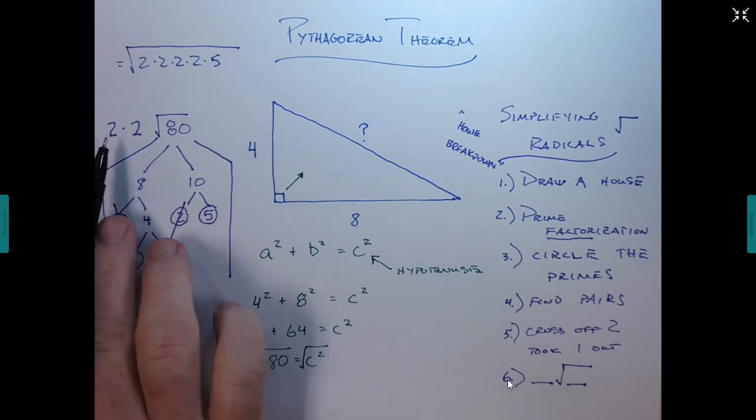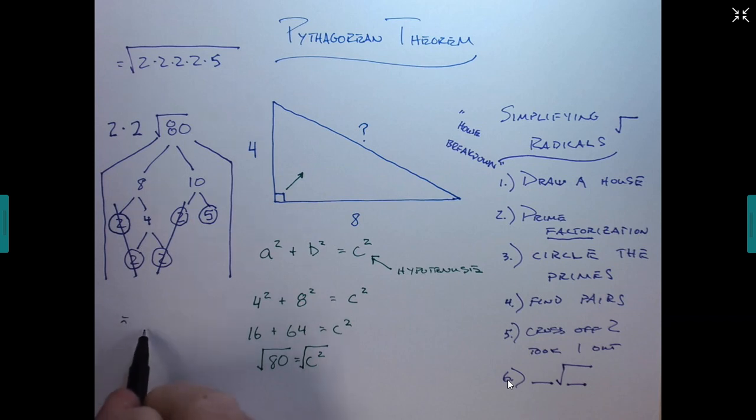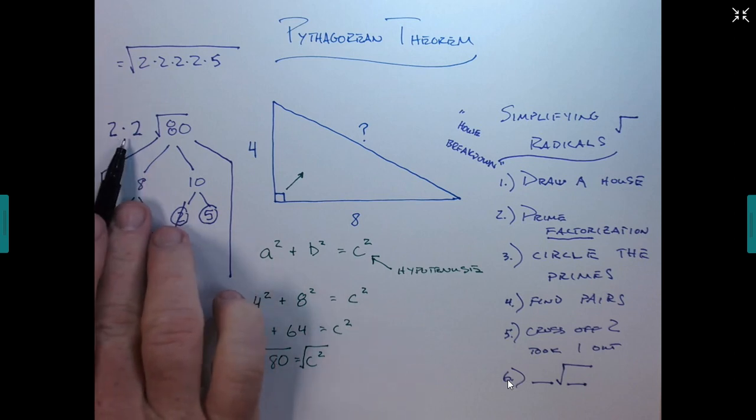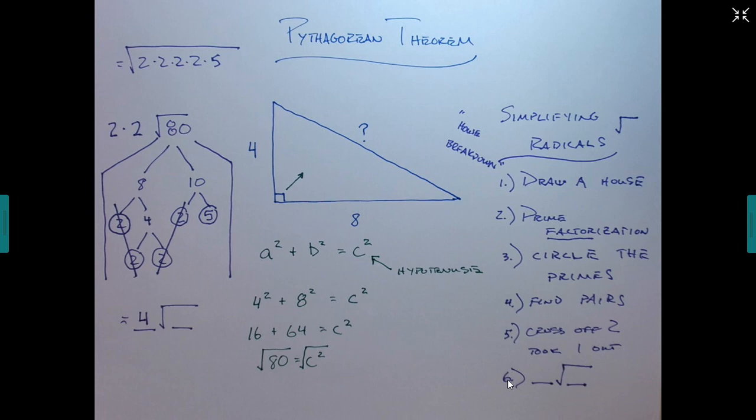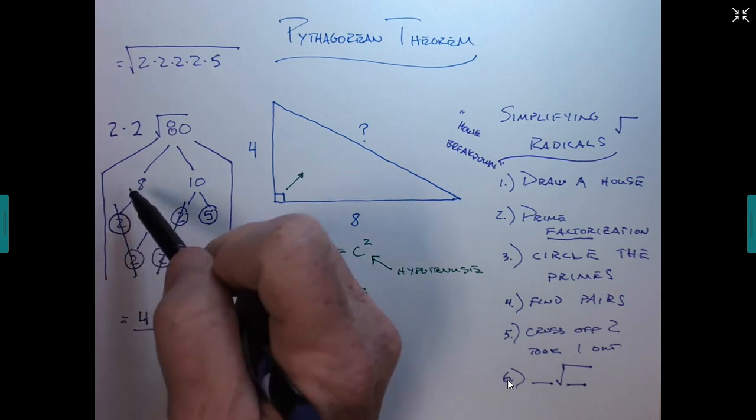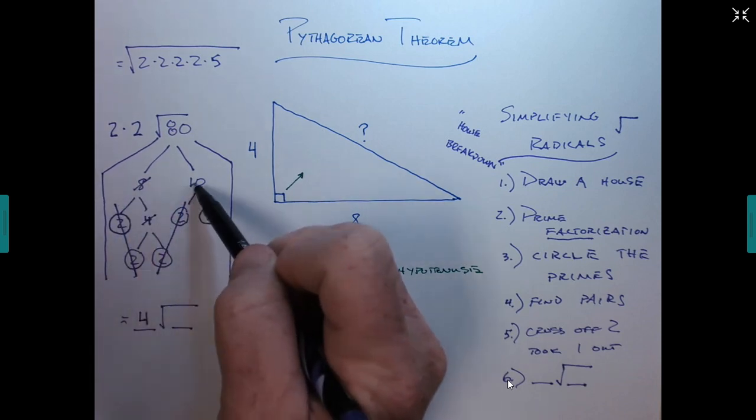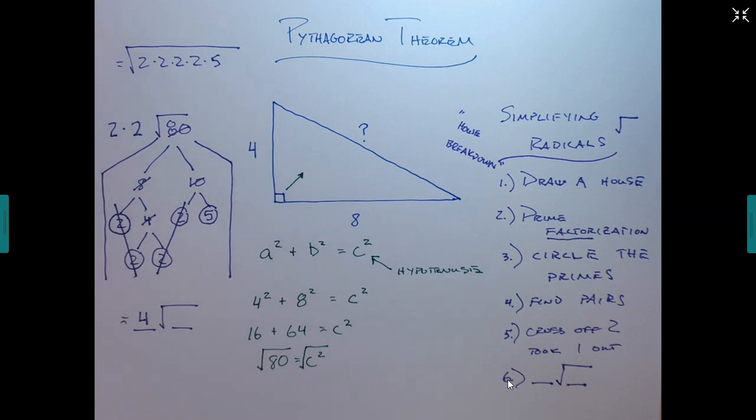So over here, my final answer, again, is going to be something outside the house and something still in the house. The items that made it outside the house, 2 times 2, which is 4. Stuff that's still in the house. We are not looking at the things that broke down. We're not looking at any of those numbers, only the circled items. The only thing left inside that house is the number 5.